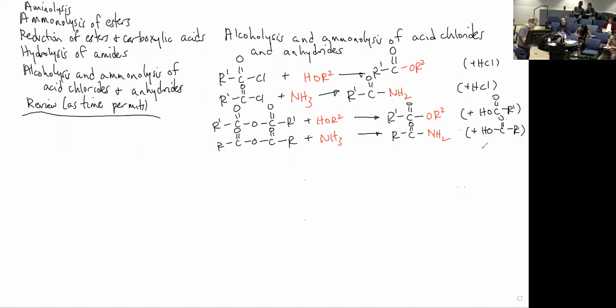So just to give a couple of examples of each of these, if we took benzoyl chloride and we treated that with isopropyl alcohol, you would get the isopropyl ester of benzoic acid, plus HCl.